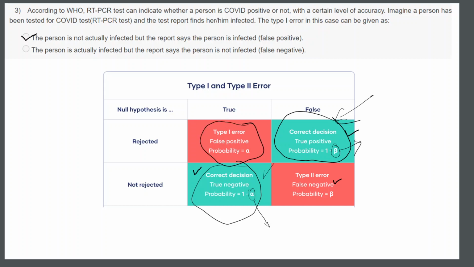If you read this problem carefully, the COVID test finds him infected, but actually he is not infected. So in this case, it is a false positive. So that is the correct answer.